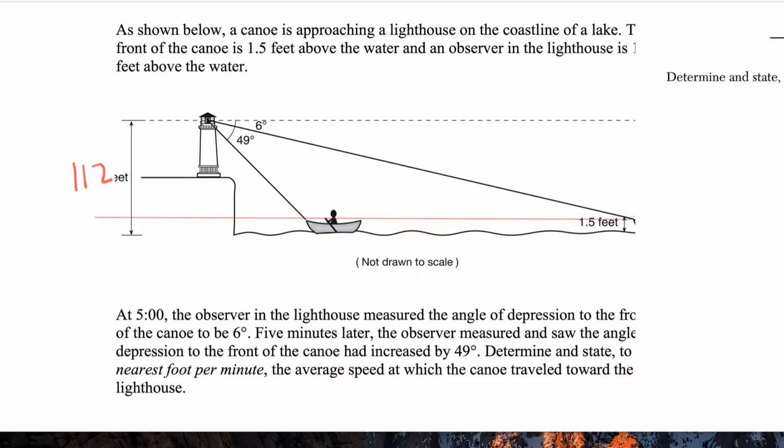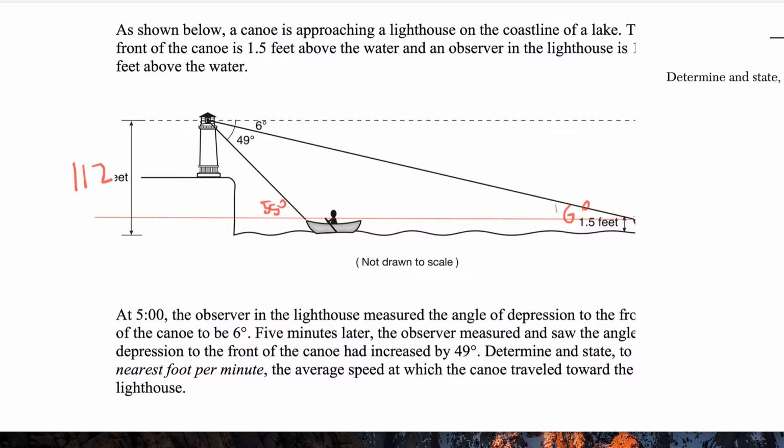So we know that this angle is 6, and this angle is 6. And we know that this angle is 55, so this angle is 55, because they're alternate interior angles, yes.